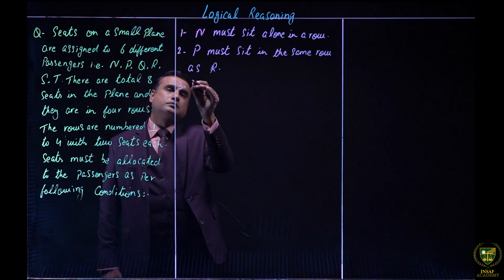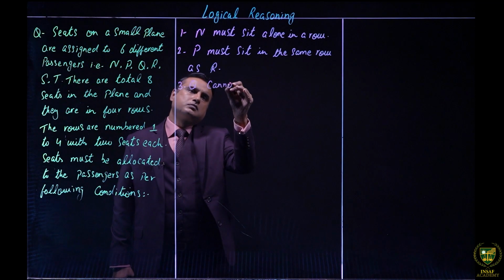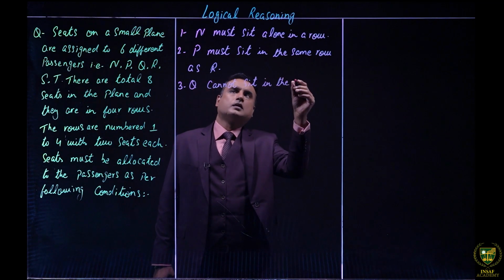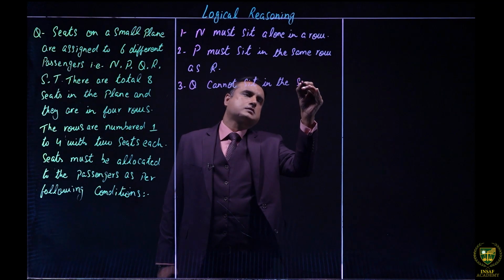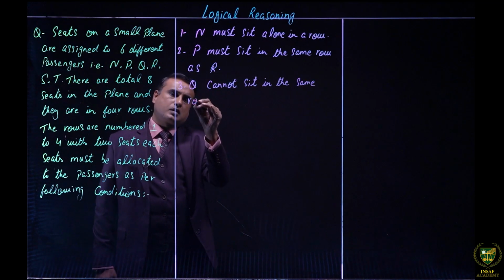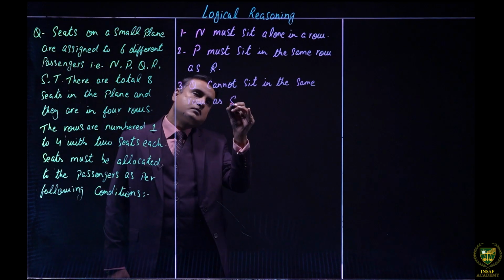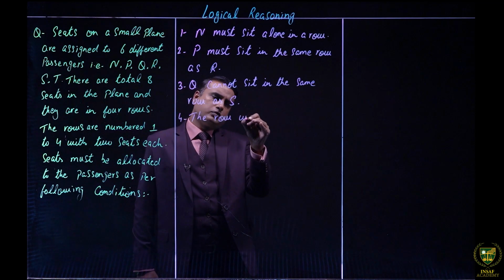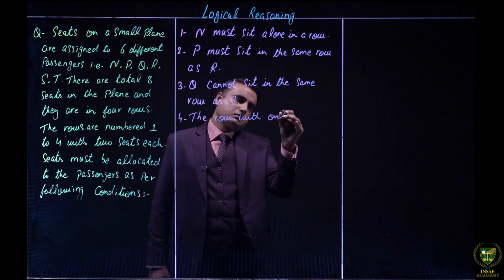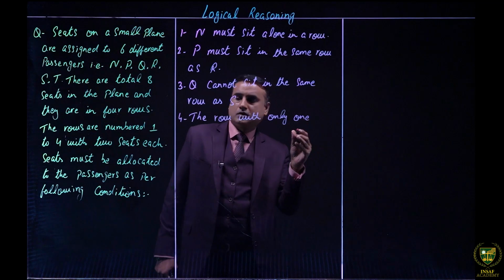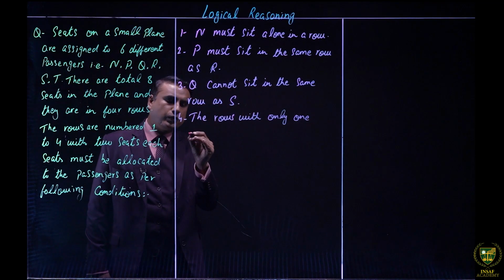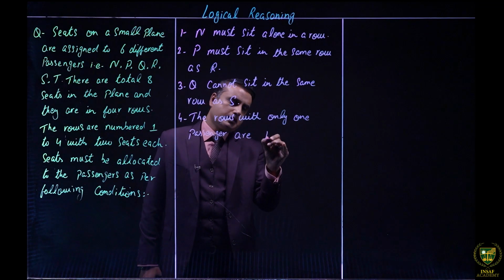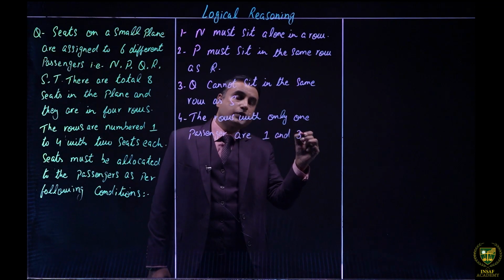And at the third place, Q cannot sit in the same row as S. And the rows with only 1 passenger are 1 and 3.